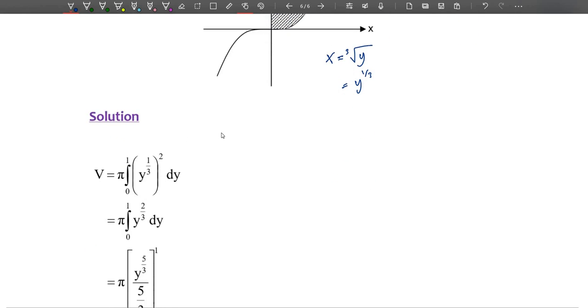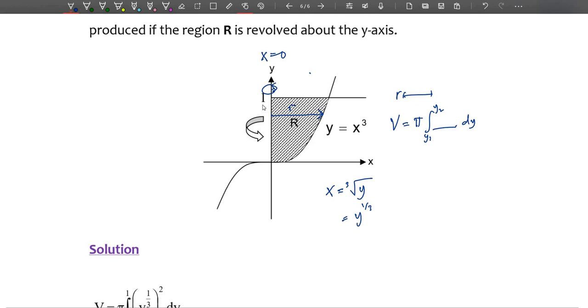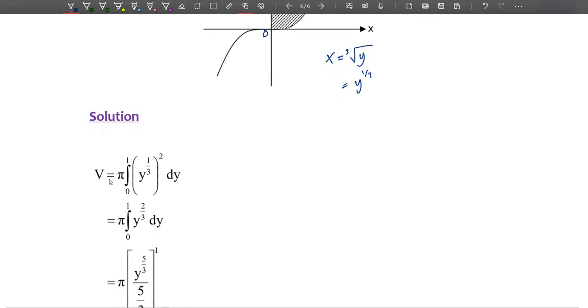Since the value has been given as 1, we need to integrate from 0 to 1. V is equal to pi times the integral from 0 to 1 of y to the power of 1 over 3, squared, with respect to y. Here it will be y to the power of 2 over 3.